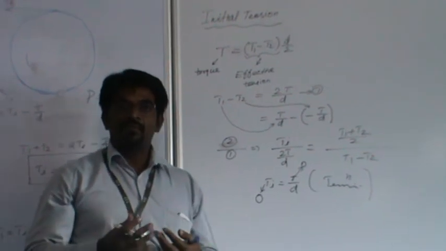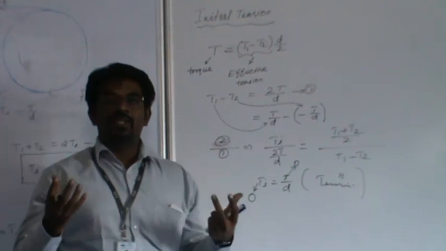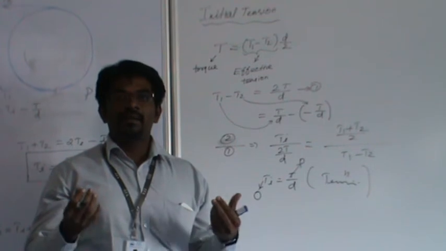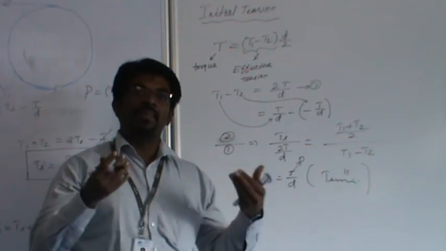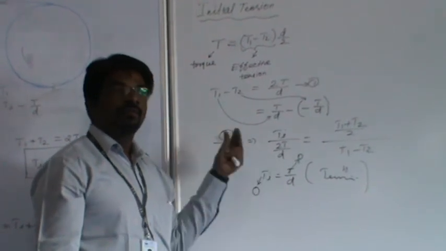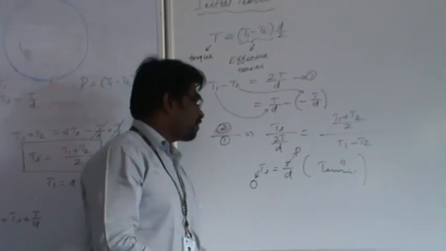What will happen if it is more? The reaction on the bearing will be more and it causes some effect on the bearing. So we must have some initial tension for the belt to effectively transmit power.